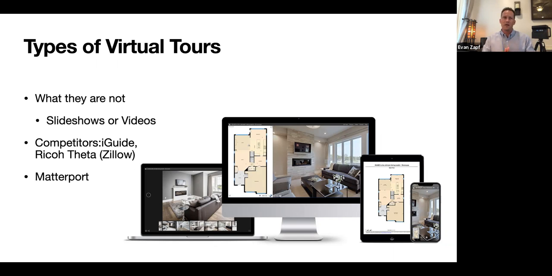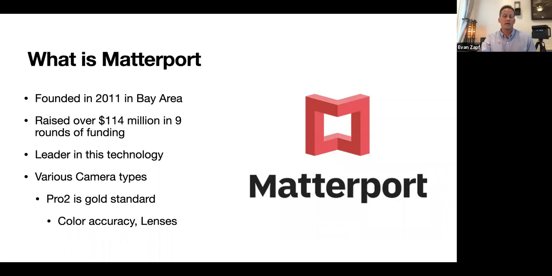It doesn't walk you through like Matterport does, where Matterport's truly mapping out everything around you and allowing you to get that sensation of walking everywhere on top of being able to look around. So that's the biggest difference. That's what set them apart, and really why they're quickly becoming the leader in this technology.